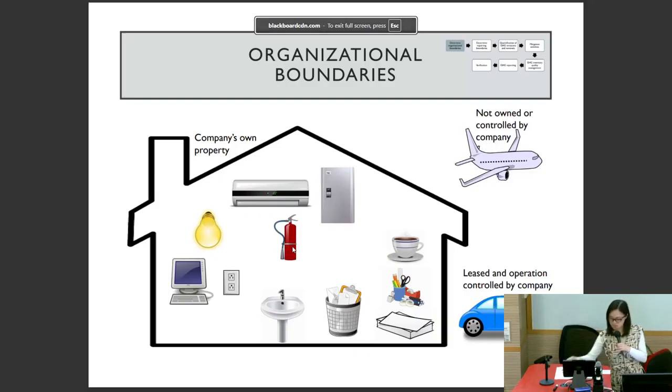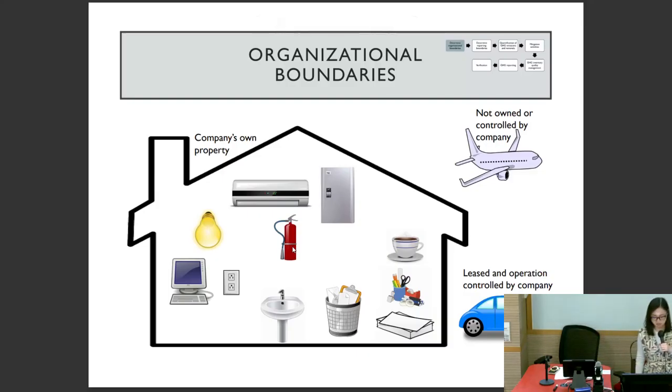So let's say the company owns a property, okay, and within the property we have some equipment, like a computer, and then some lighting, some electrical appliances using electricity. We have air conditioning.